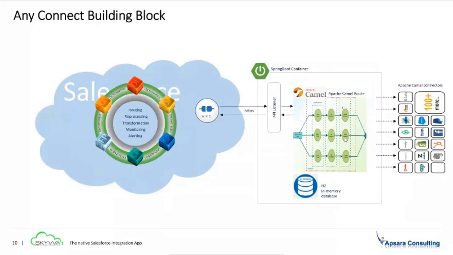Then we can go to the business application system. When we are coming back, we have the API connector, and we are connecting to the SKYVVA API on the Salesforce side.